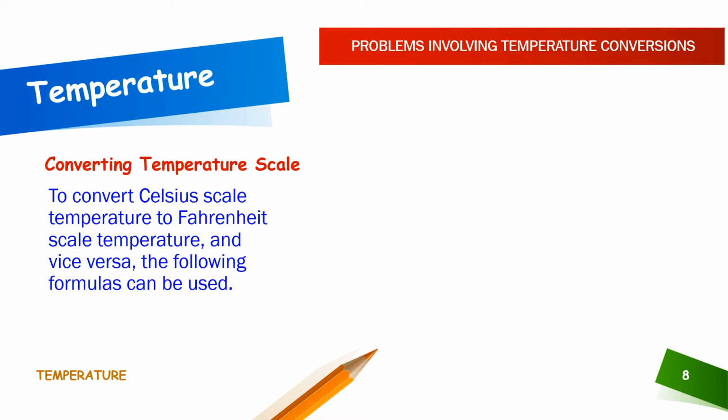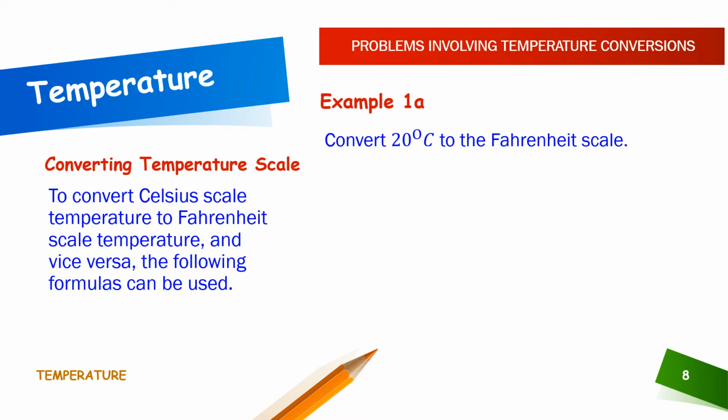Let's look at an example of how we can convert Celsius to Fahrenheit. Pause the video and have a go. Press play when you're ready to view the solution. So in this example, we're going to convert 20 degrees centigrade to the Fahrenheit scale. Now Fahrenheit, or F, equals 9/5 times C plus 32.